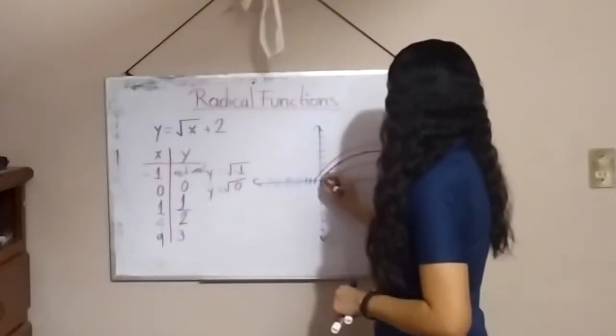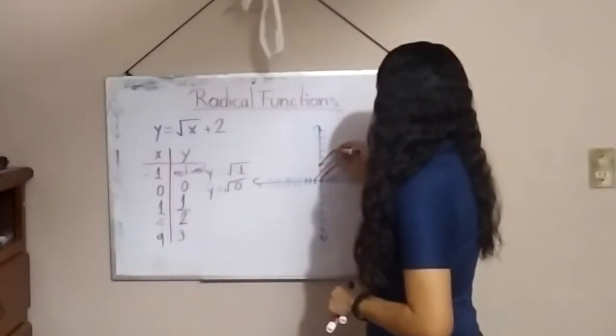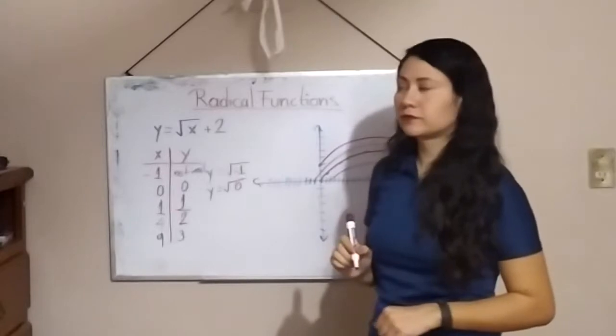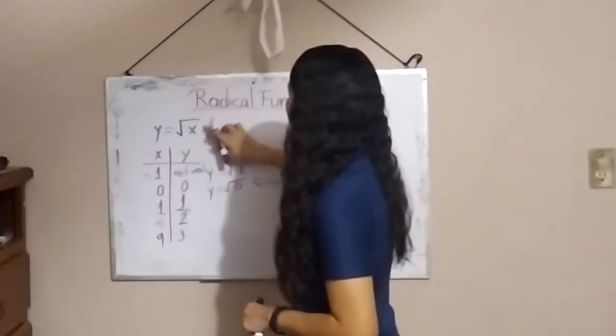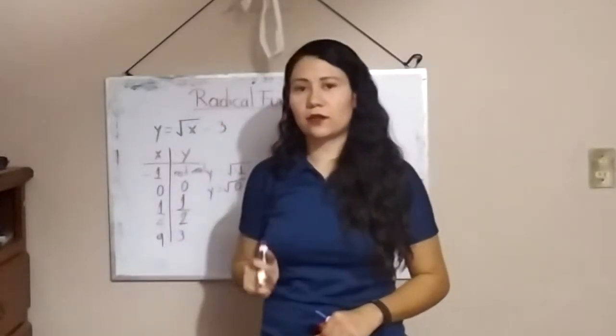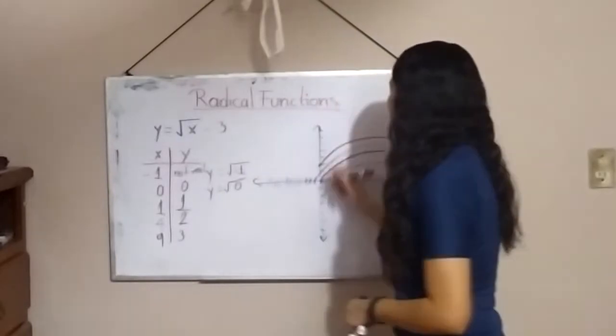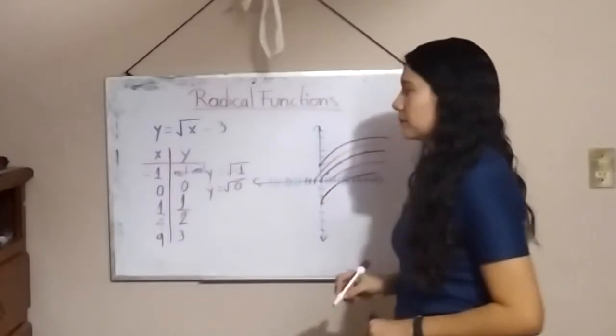Okay, so we would start here in 2 and it would have the same shape. If we were to subtract 3 outside of the radical, then we would be moving our graph 3 places down.